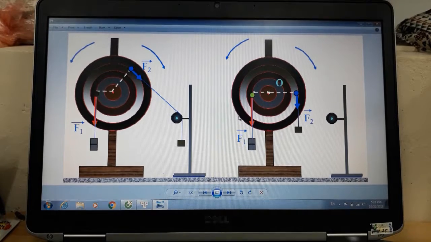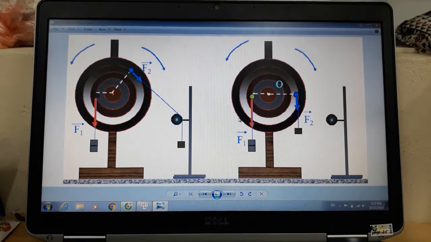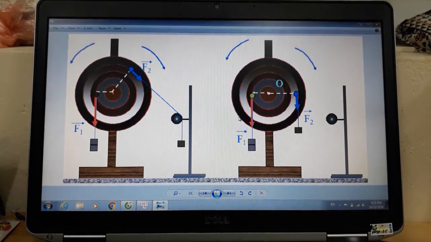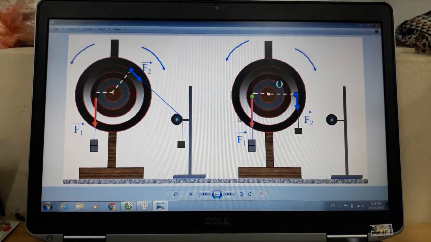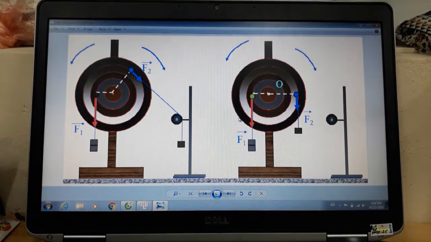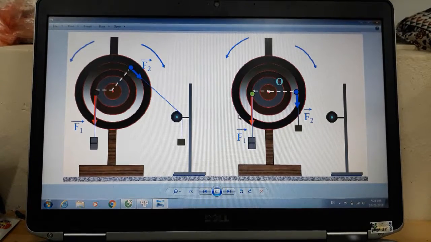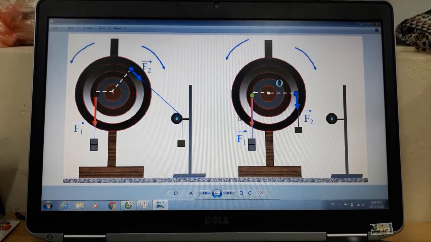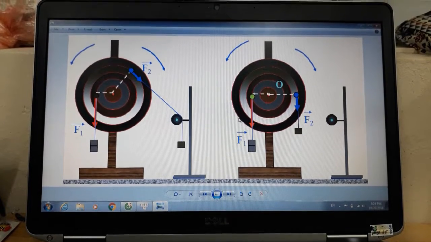We notice that the object tends to rotate in opposite directions when F1 and F2 act respectively on the disc. And the magnitudes of the forces F1 and F2 are inversely proportional to the positions of the points of application: F1 times R1 equals F2 times R2. The hypothesis is that the rotation effect depends on the product of the magnitude of the force and the distance from the point to the rotation axis.